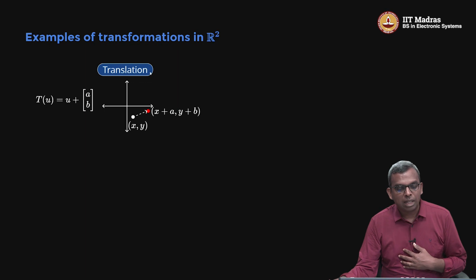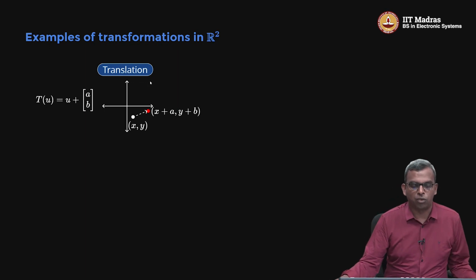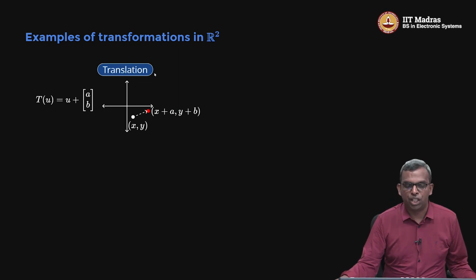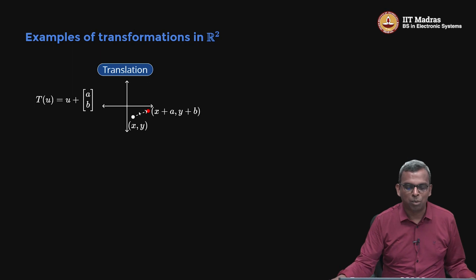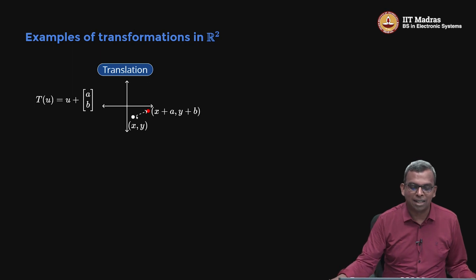The first example of a very, very useful transformation is something called translation. Here is the description mathematically. You can write down the transformation as an equation, and you can also visualize it on this picture. In this picture, the two R2s I had in the previous one have fused into one R2. I'm showing both the blue, white and the red in the same picture.